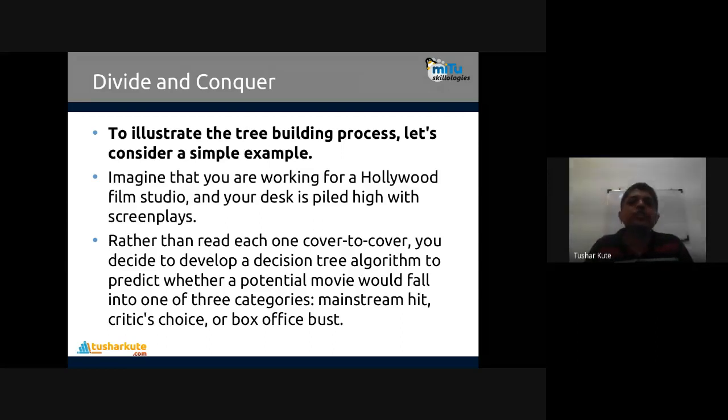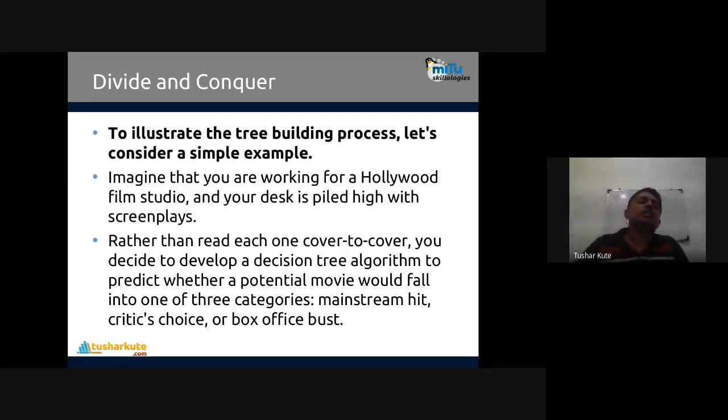Now, to illustrate the tree building process, let's consider a simple example. Imagine that you are working for a Hollywood film studio and your desk is piled with screenplays. You are a director or a producer of a movie, and not many screenplays are with you.